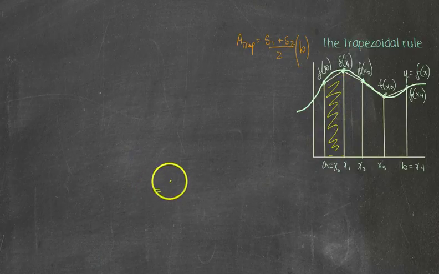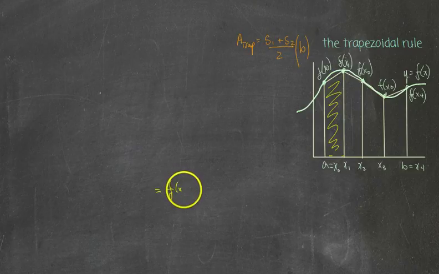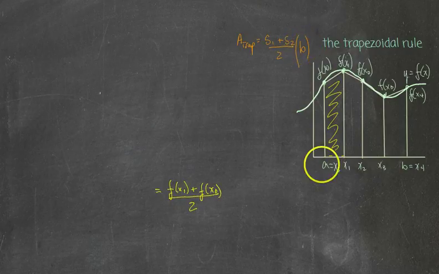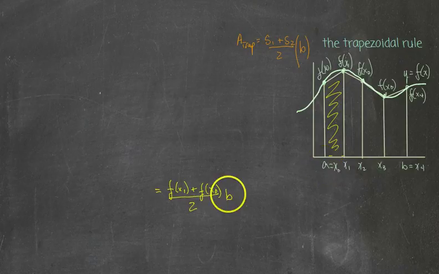I would write the heights as the F of X1 plus the first height, the F of X0, and the average would be divided by 2. So divided by 2. And then I would have to multiply this by the base. And I'm just going to write base here. I'm not going to write X1 minus X0.